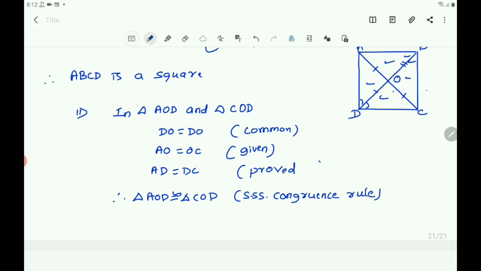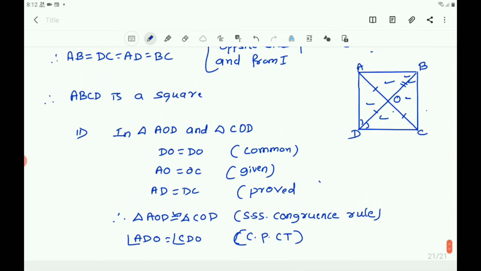Therefore, you can write that angle ADO equals angle CDO according to CPCT. Now here, as these two angles are equal, they are the angles formed by the bisection of angle ADC.